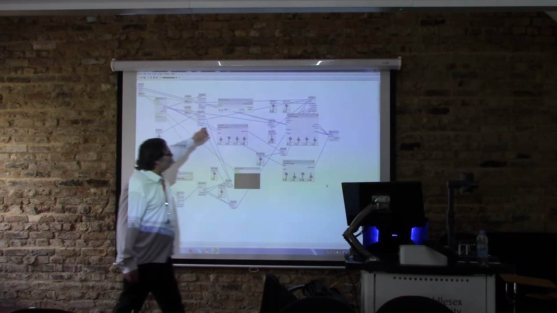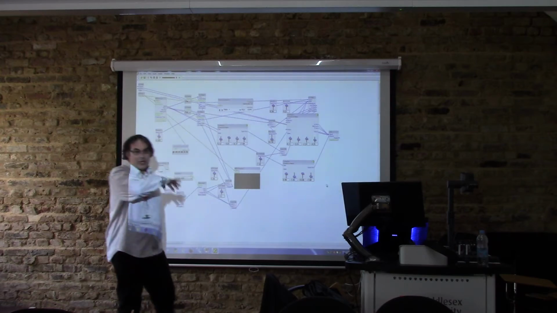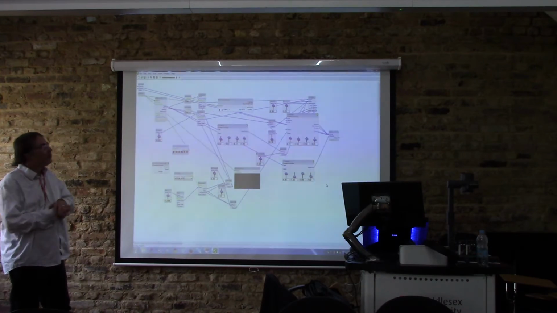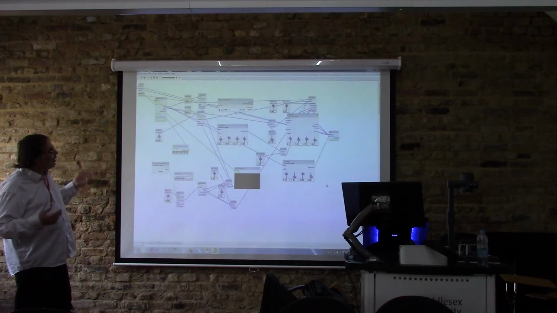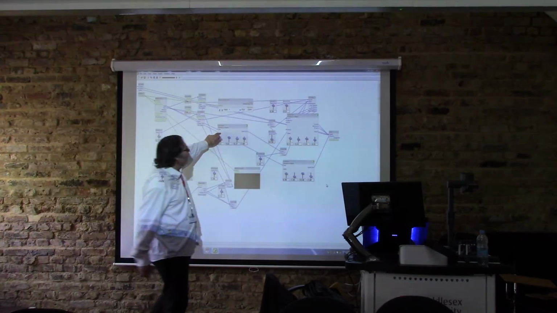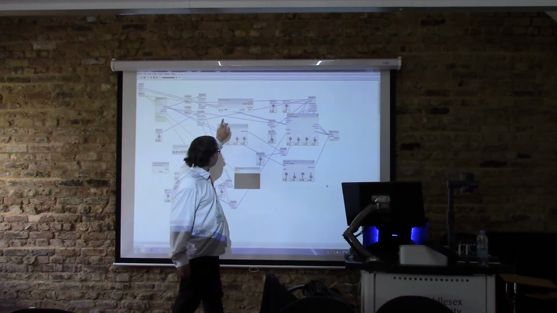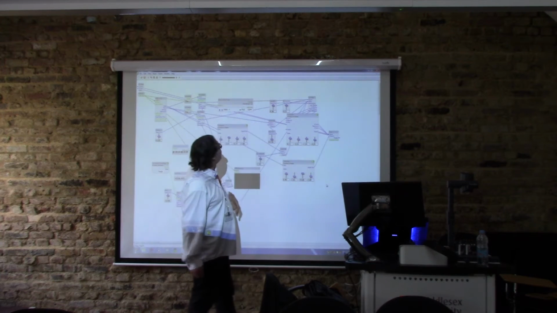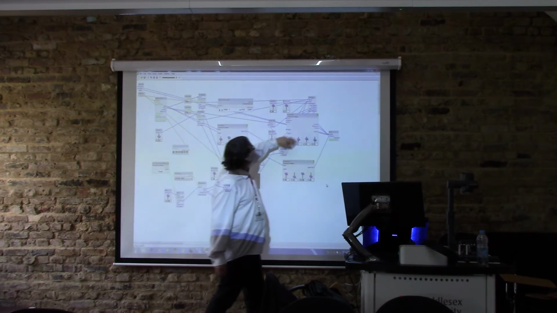I have some envelope generators which look after the shaping of the note over time, both from a volume, loudness point of view, and a tone point of view. One of them works on the amplifier, which is here, and the other one works on the filter, which is over here.